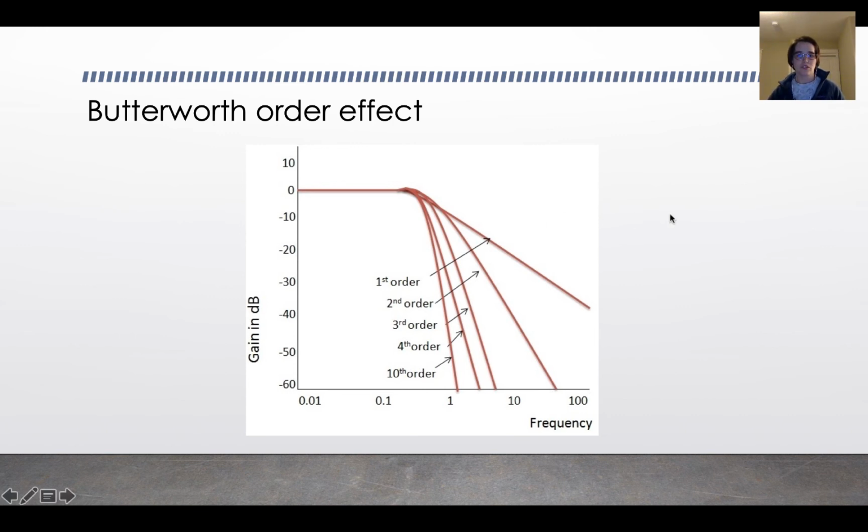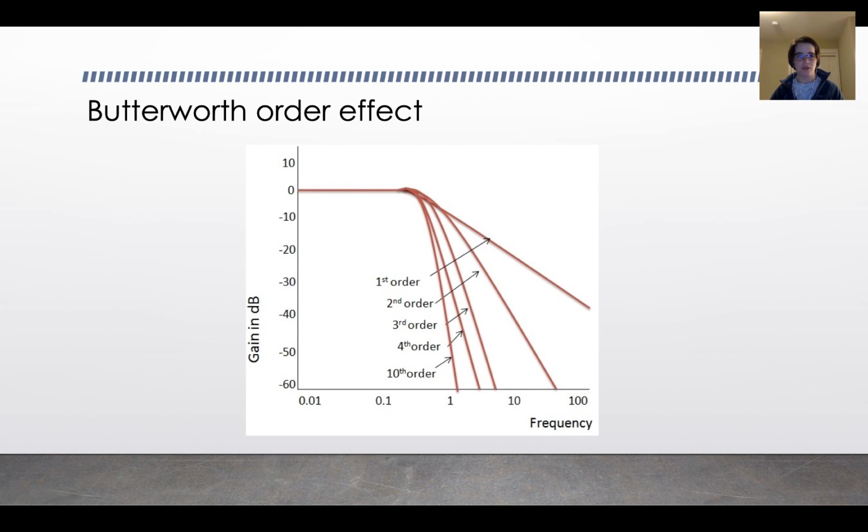So a first order filter, you can see, has a very low slope up here in the cutting off region, the region where it clips the signal, but it has a really slow roll off out here in the undesired frequencies. A 10th order filter has some more distortion here at the edges, but it's also computationally very expensive digitally, or component-wise very expensive in the analog filtering world. Typically in biomechanics, we're somewhere between a second order and a fourth order, probably more frequently in a third to fourth order Butterworth filter.